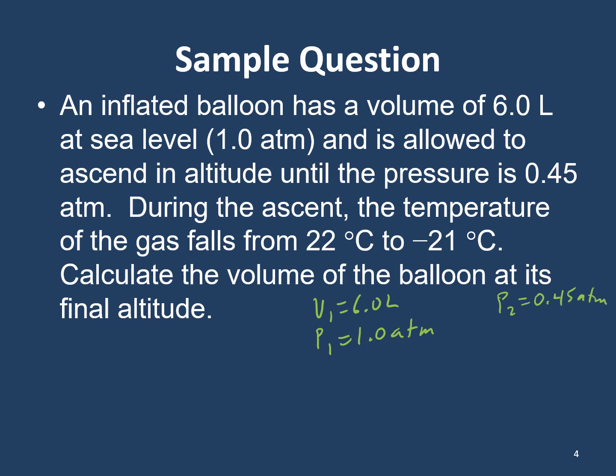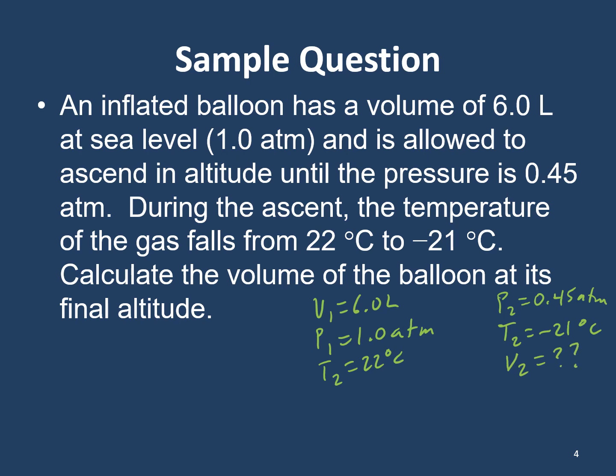During the ascent, the temperature of the gas falls from 22 degrees Celsius, which was our initial temperature, to negative 21 degrees Celsius. Calculate the final volume of the balloon. So we have V2 as what we're being asked to solve for.